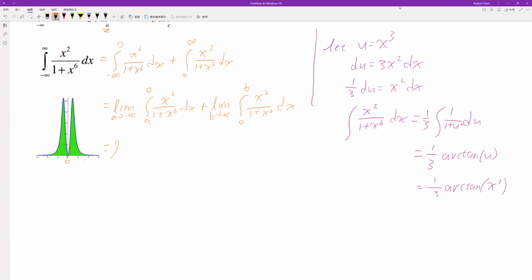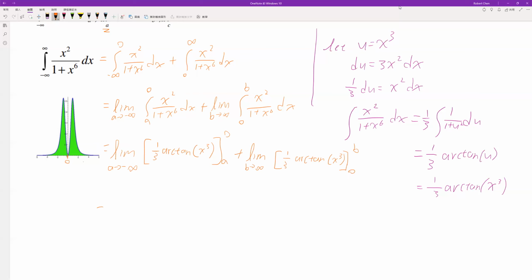So the limit as a approaches, sorry, negative infinity. And then the first one, 1/3 arctangent x cubed going from a to 0, plus the limit as b approaches infinity. Same thing, 1/3 arctangent x cubed going from 0 to b.